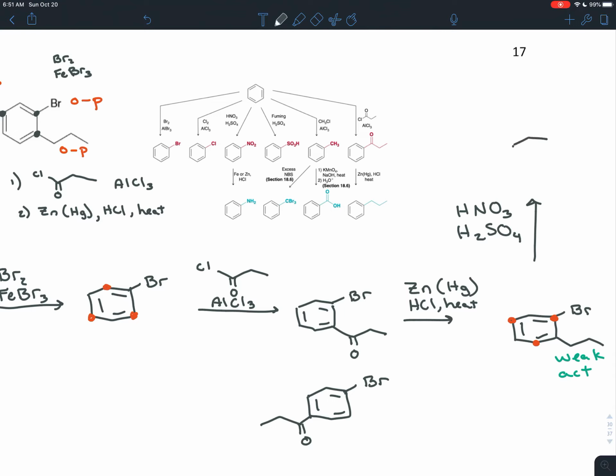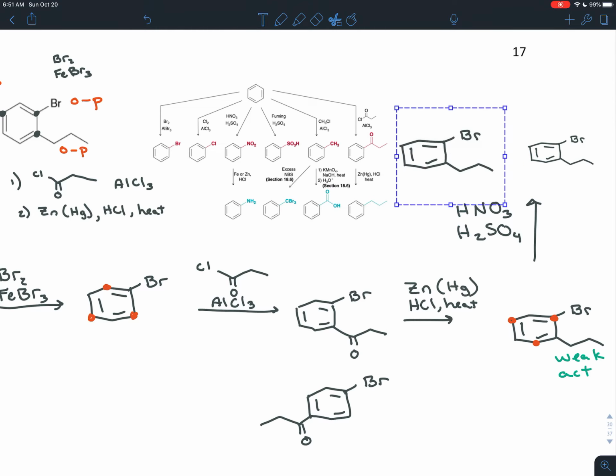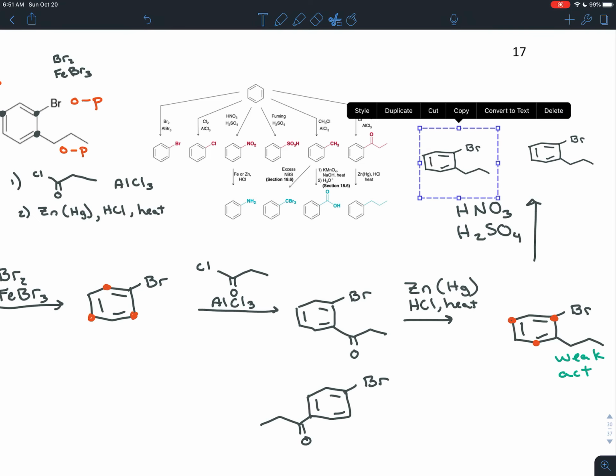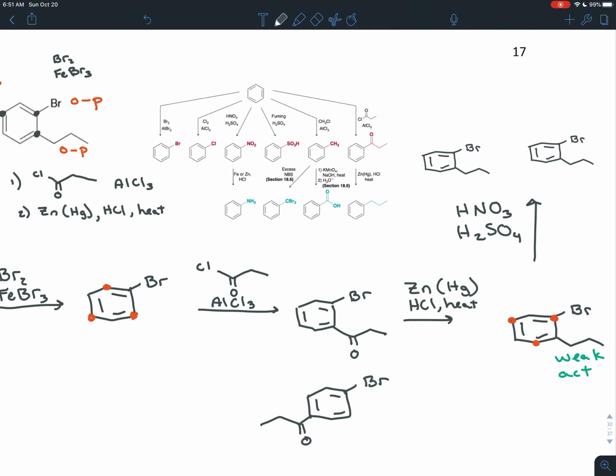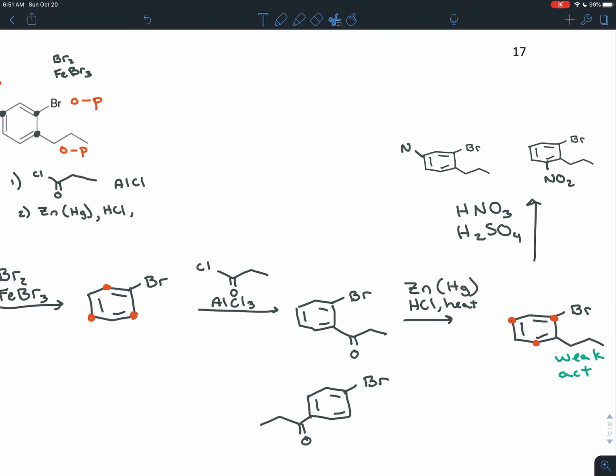And that actually gives us two products. One where the NO2 adds ortho, and one where it adds para. So the ortho product is kind of a mess, but we can use this para product.